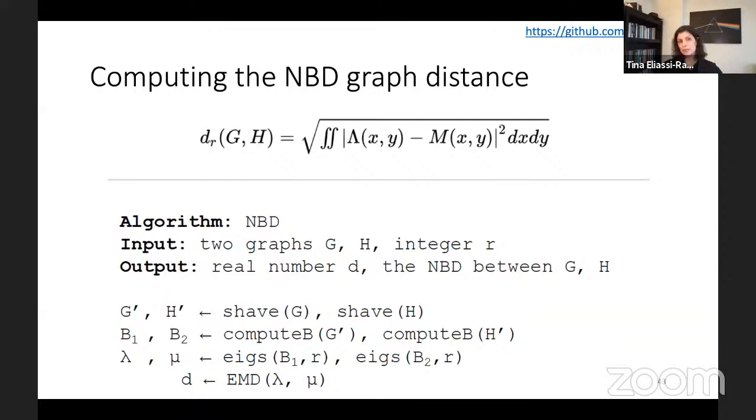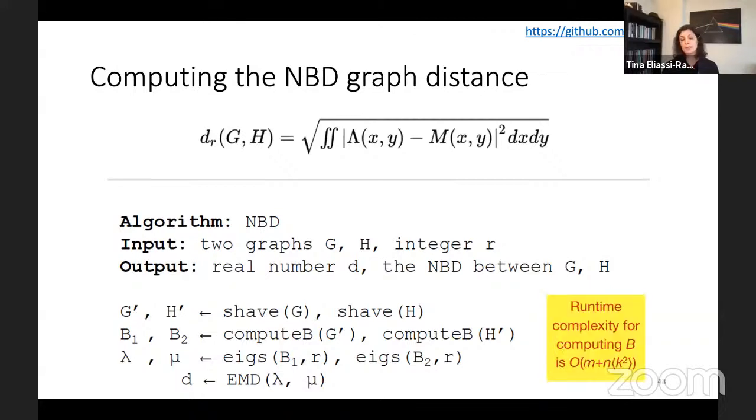Usually the graph you give me is coming in an edge list. It's not going to be in the non-backtracking representation. And then I will find the eigenvalues of the two non-backtracking matrices that correspond to the two graphs you gave me, and then I measure the earth mover distance between them.